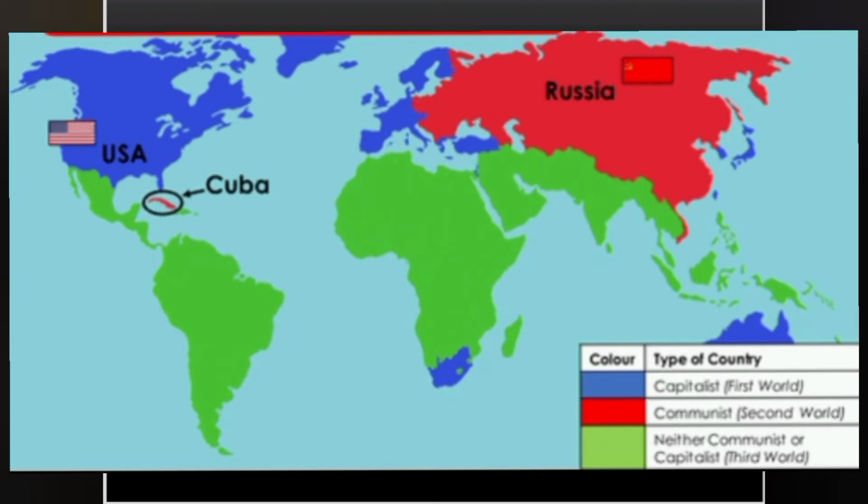So that was the time when USSR and US began building and placing strategic missiles. तो यूएसए ने क्या किया था कि टर्की और इटली में अपने न्यूक्लियर वेपन को और मिसाइल्स को रखा था, और यूएसएसआर ने क्यूबा में ही अपने न्यूक्लियर एटॉमिक बॉम्ब और इन सब चीज़ों को रखा था.